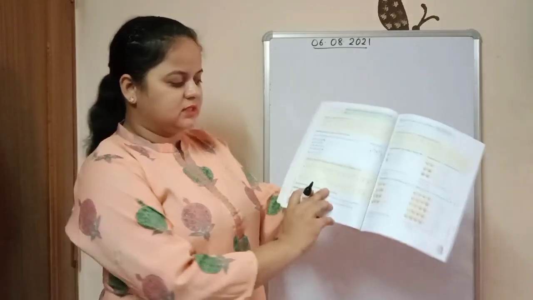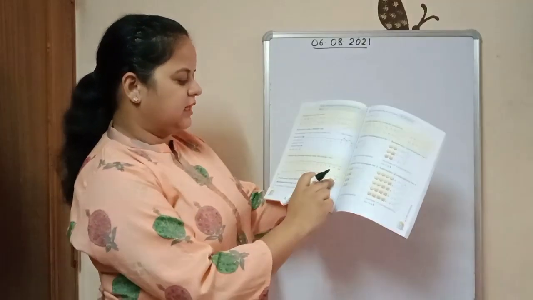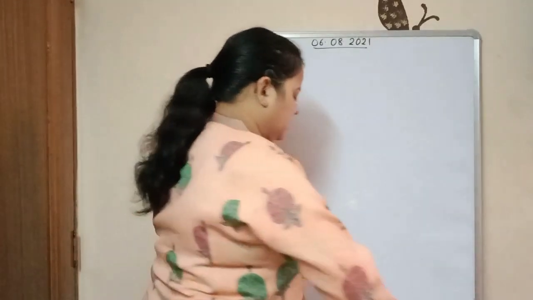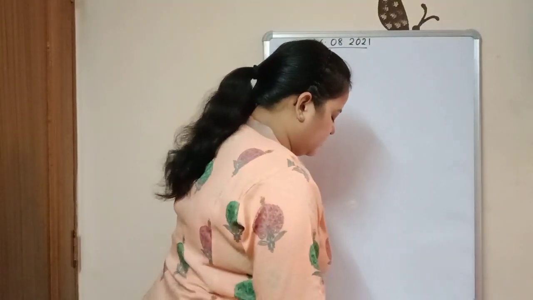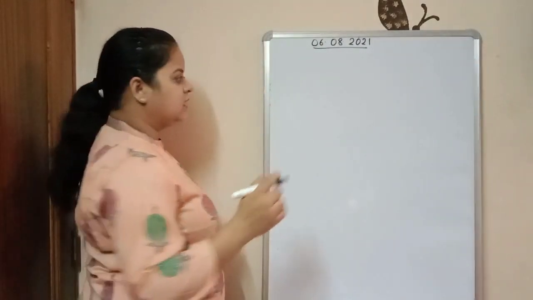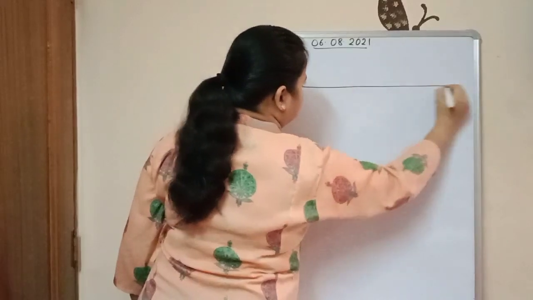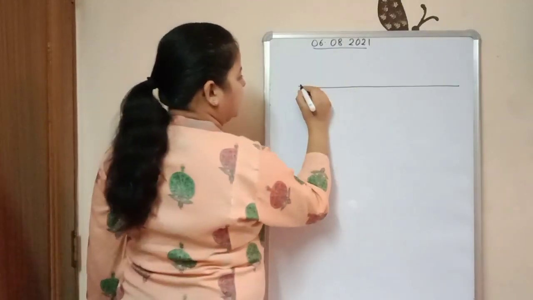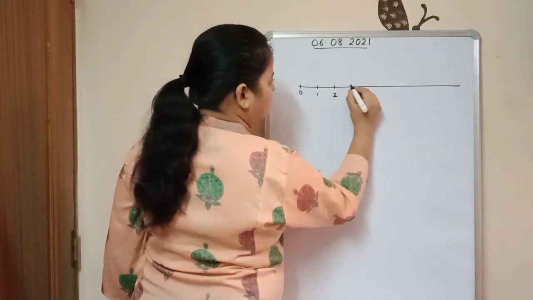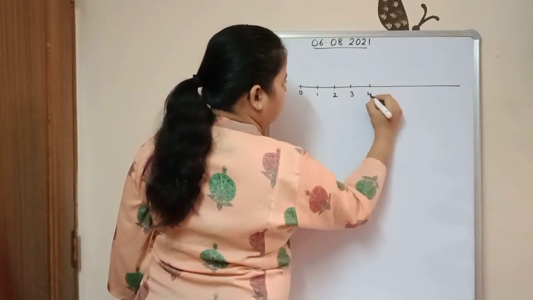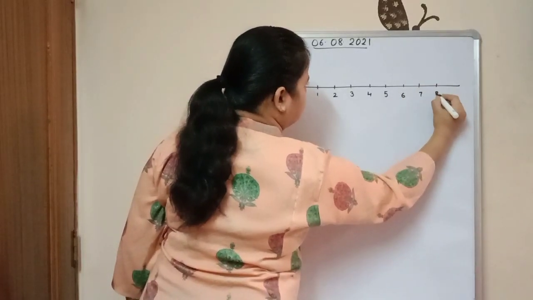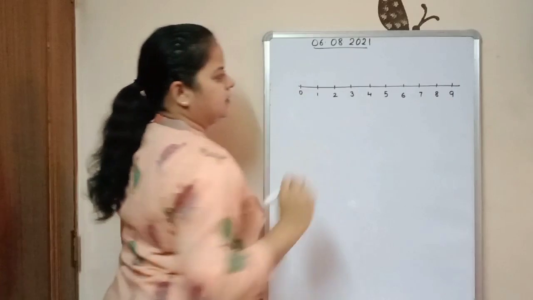On this page, you can see the number lines and the sums. First of all, I am giving one example of how we have to do the subtraction. Suppose here is a number line: 0, 1, 2, 3, 4, 5, 6, 7, 8, 9.